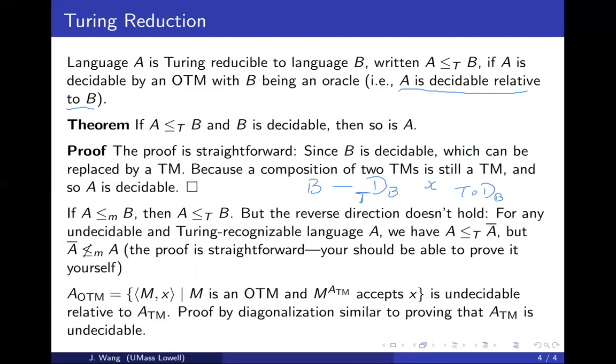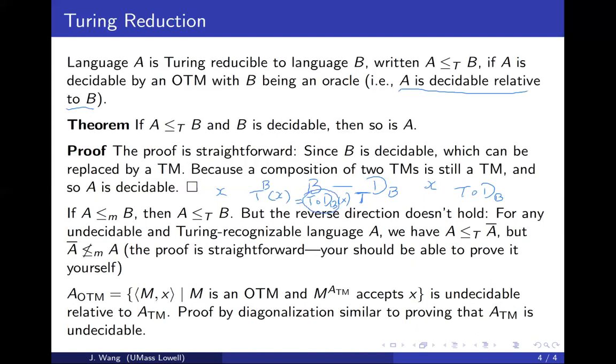So in other words, let's say B is decidable. I just want to say that given X as input, as an instance of A, I compute this Turing machine T_B of X, and this is just really T of D_B of X. Now this is a Turing machine that always halts.